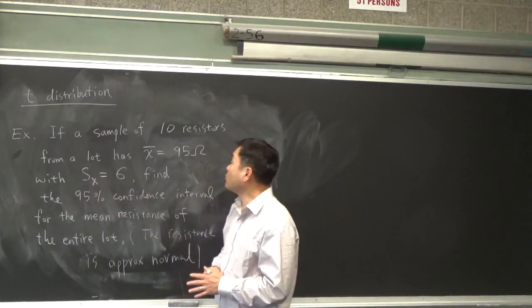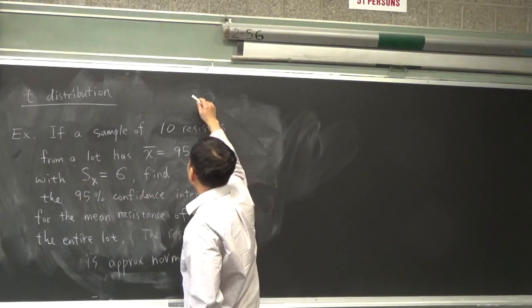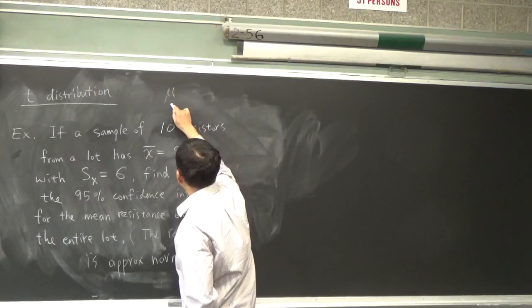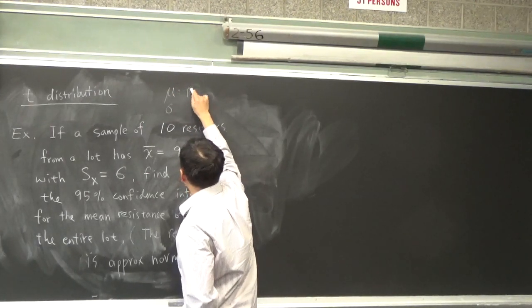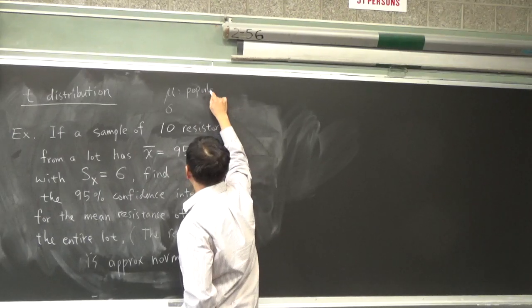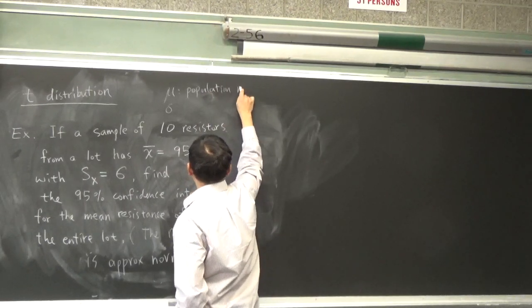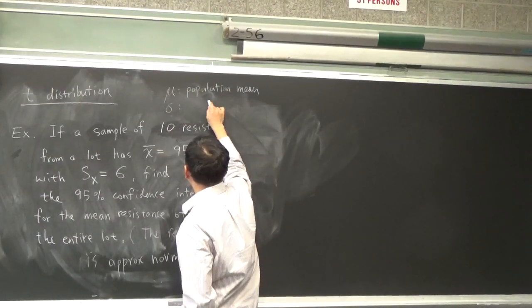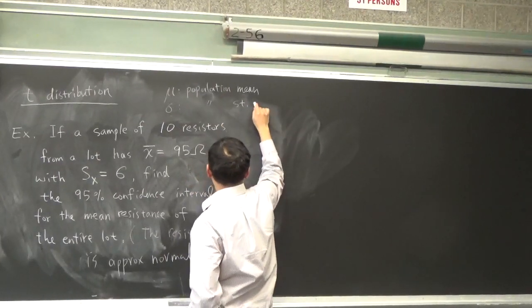So you have to be careful when you see the symbols mu and sigma. Mu is the symbol for population mean, and sigma is the symbol for population standard deviation.